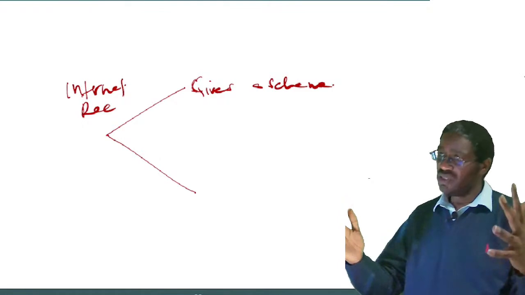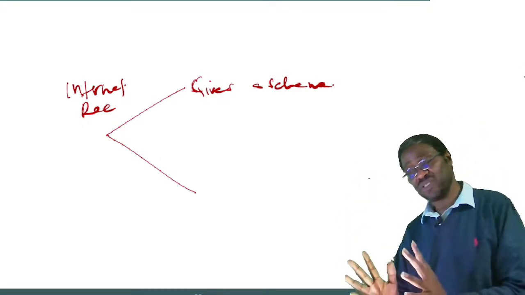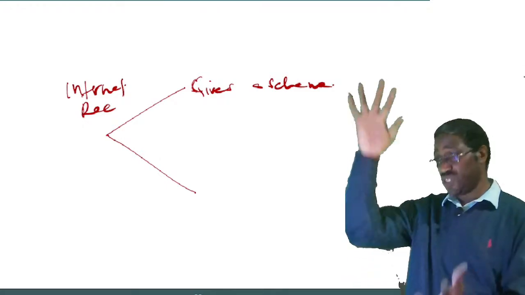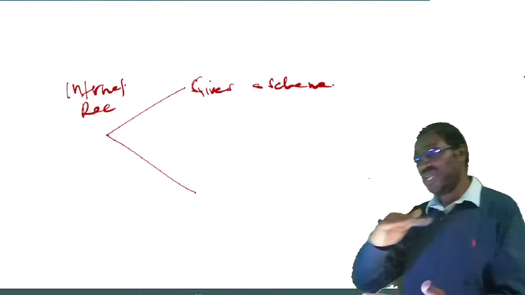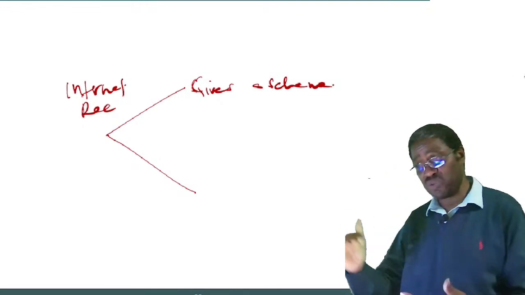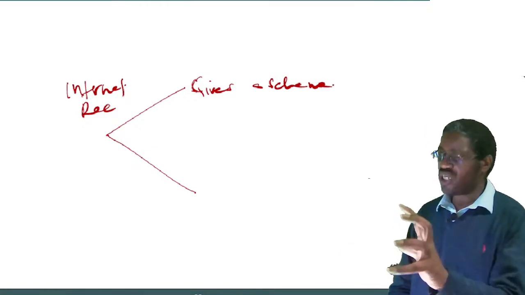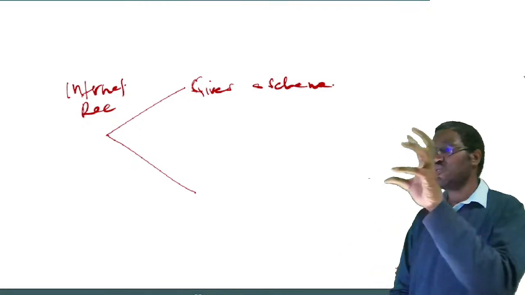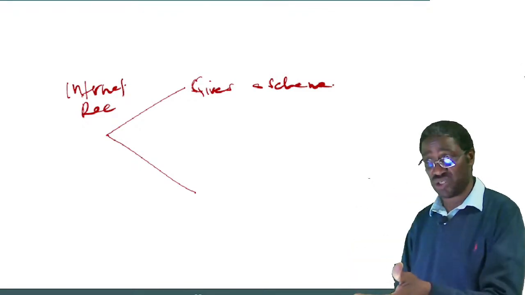Part C, balance sheet after reconstruction. That's another way. Some questions just give you the scheme, then they tell you, A, ledger entries or ledger accounts, B, balance sheet after reconstruction. Yours is to implement and come up with a balance sheet after reconstruction.